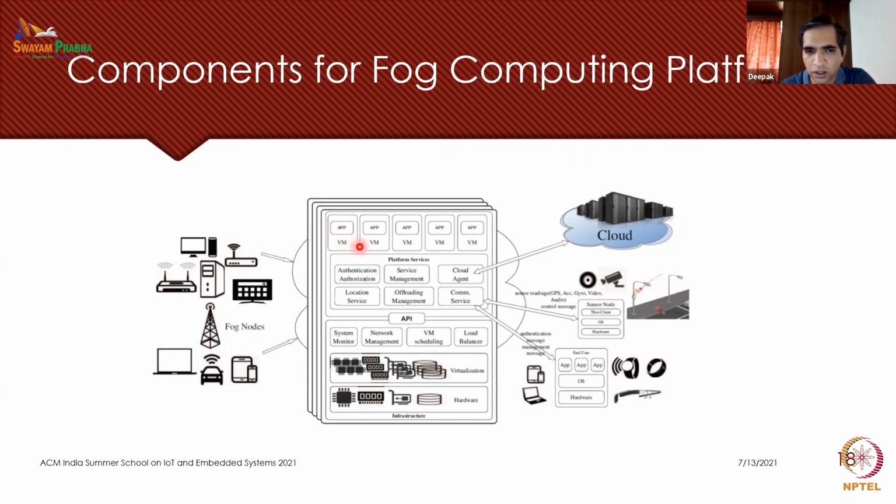It's showing you the hierarchy where there are end nodes communicating to the fog node, and via the fog node to the cloud node, based on whatever is required from the cloud.